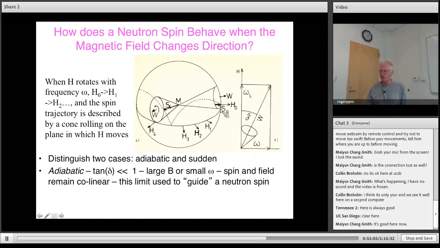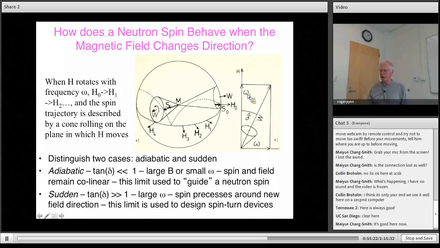So it's the rate at which the angle of the magnetic field changes. Then it turns out that this slow rotation case is the case where omega is very much smaller than omega L, so this angle delta here is very small.